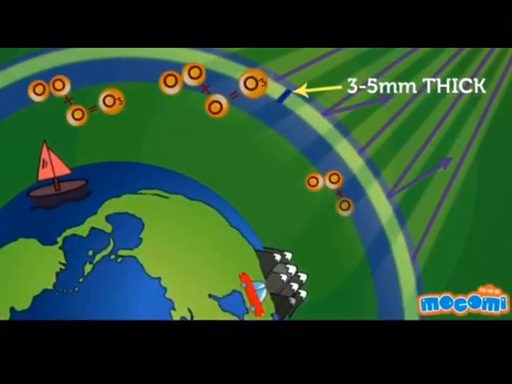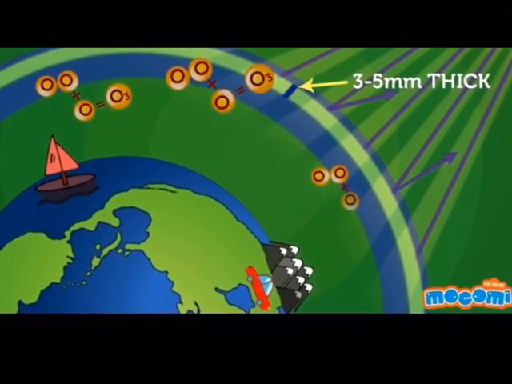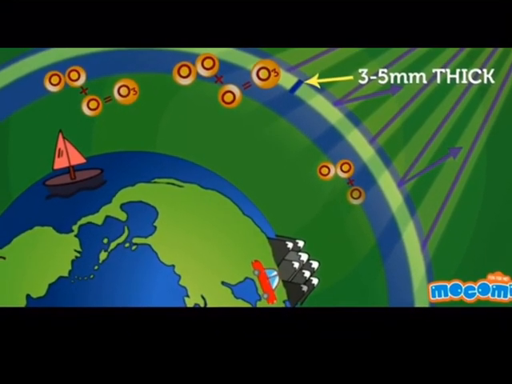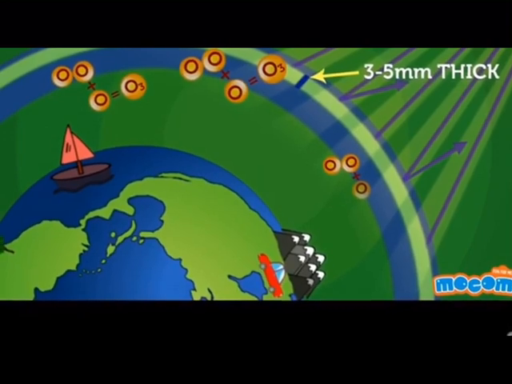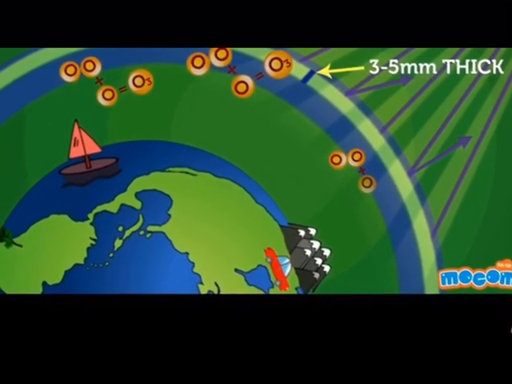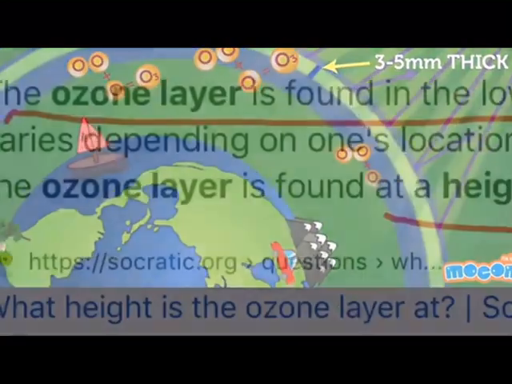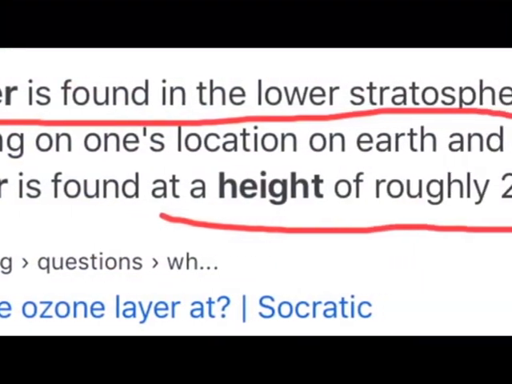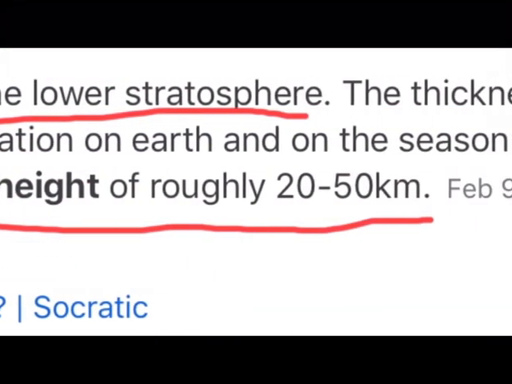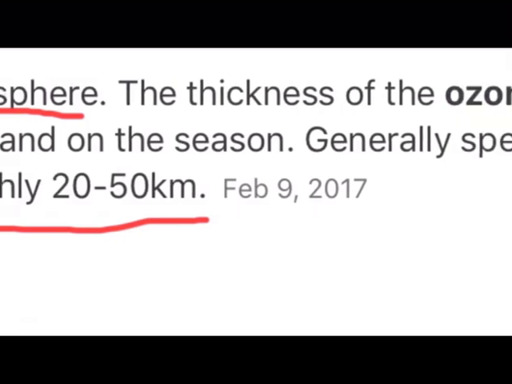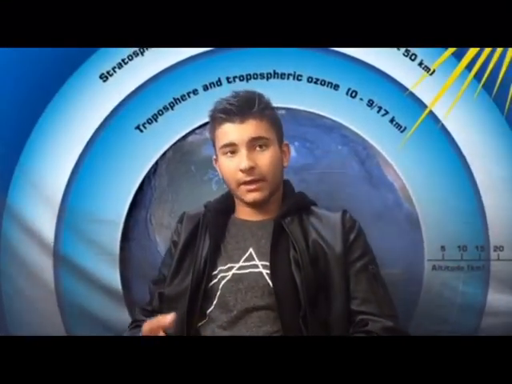Our ozone layer consists of ozone particles, which are made up of 3 oxygen atoms combined. Our ozone layer is 3 to 5 millimeters thick and located in the lower stratosphere, which can be around 20 to 50 kilometers high. Some of the effects of not having an ozone layer would be skin cancer rates increasing dramatically. All creatures, even single-celled bacteria, will be affected by this, including us.